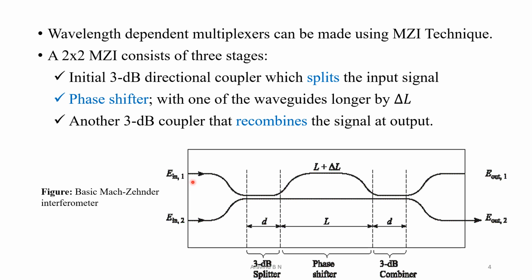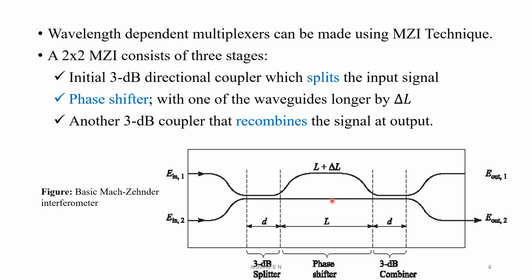Here we have two inputs. Then after the 3 dB splitter, which has a length of d, we have a phase shifter. In the phase shifter, we have two different lengths. The upper one is one waveguide and the lower one is another waveguide.